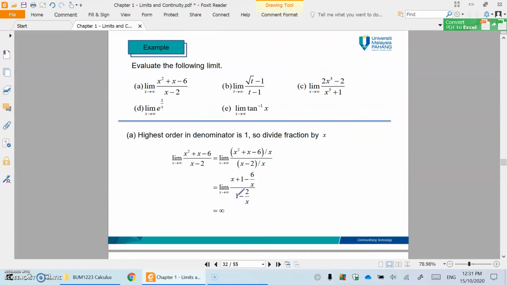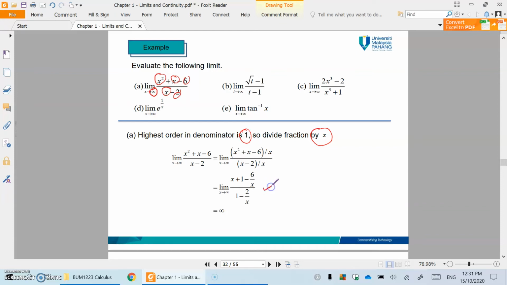Alright, next example. Evaluate the following limit: the limit of x squared plus x minus 6 over x minus 2 as x approaches infinity. Our highest order in the denominator is 1, so we divide every term in the denominator and the numerator by x to the power of 1.